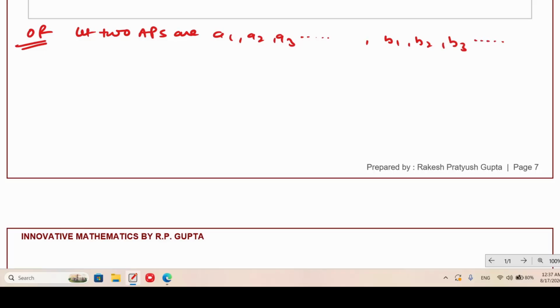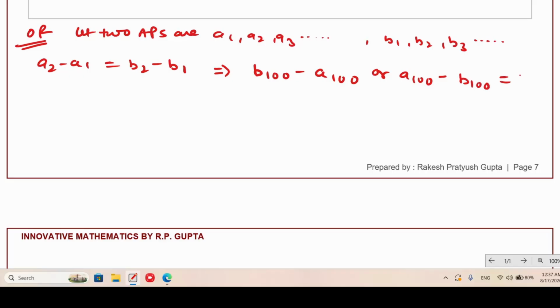Okay, this one. So two APs have the same common difference. Same common difference means A2 minus A1 is equal to B2 minus B1. Same common difference. So the difference between their 100th terms is 100. Means you can say that B100 minus A100 or A100 minus B100 is equal to 100.